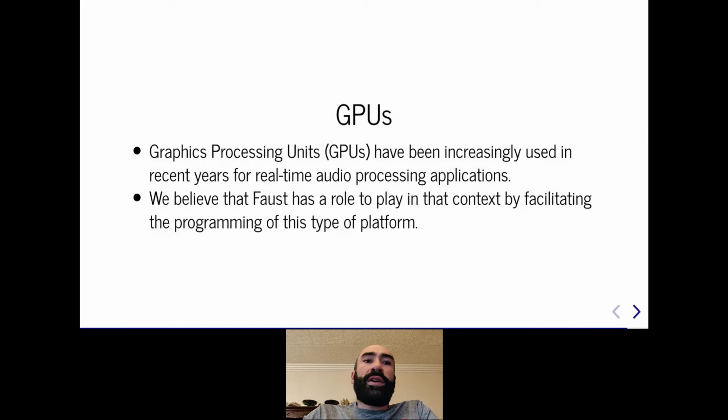All right, so finally, graphics processing units, also known as GPUs, have been increasingly used in recent years for real-time audio processing applications, taking advantage of their high degree of parallelization to run DSP algorithms that can be easily divided into multiple processing units, such as modal reverbs, for example. So we believe that Faust has a role to play in that context by facilitating the programming of this type of platform.